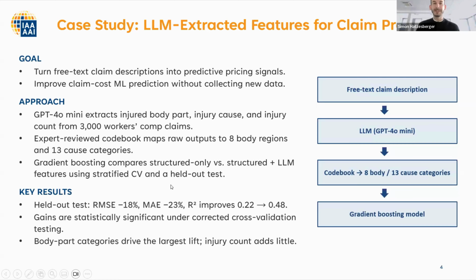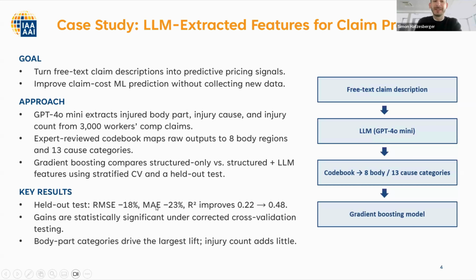The results are promising. In our data set, we indeed found that using those new features which come from the LLM extraction yields an improvement in prediction. To give you a few numbers, we have an 80% decrease for root mean squared error.